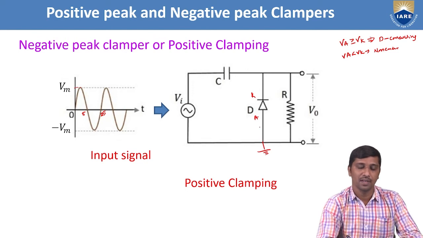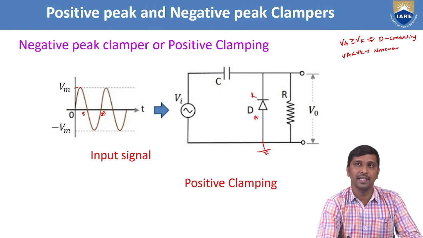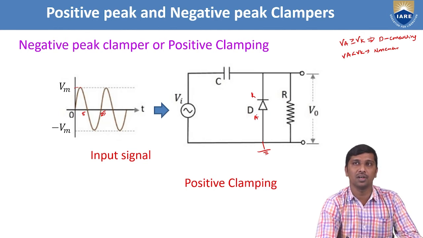Hence, during the positive half cycle, there is a more positive voltage across the cathode compared with the anode. Hence, during the positive half cycle, the diode enters the non-conducting state.